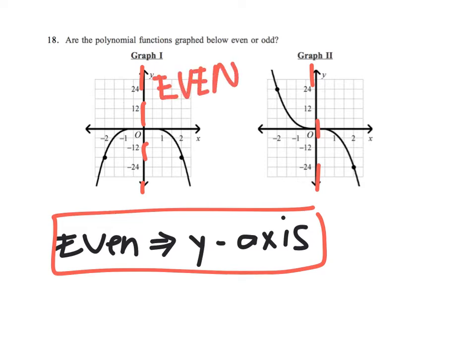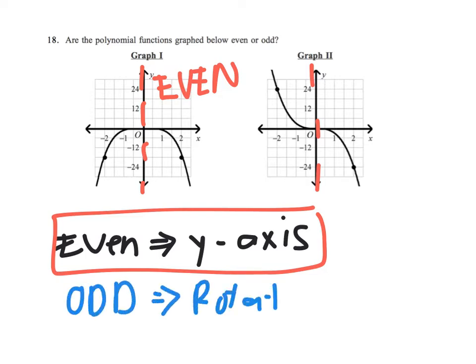Now, if I have odd symmetry, then it should be rotational symmetry. That means I should be able to rotate it about the origin, 0, 0. If I start right here, I should be able to take this part of my graph and turn it so that it matches.